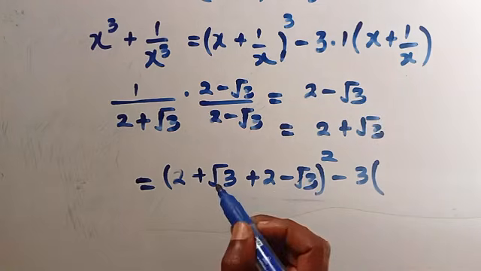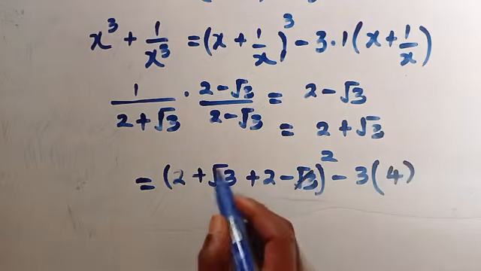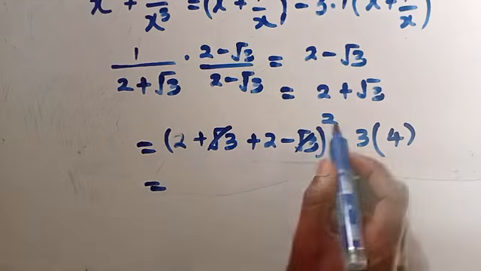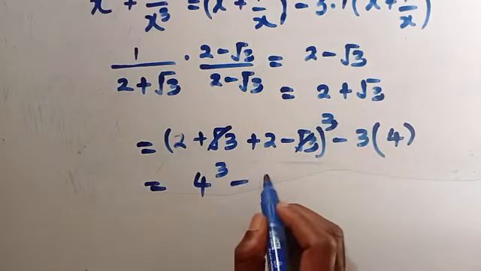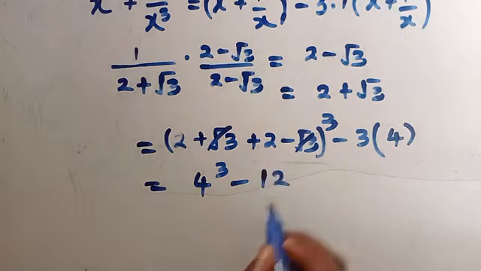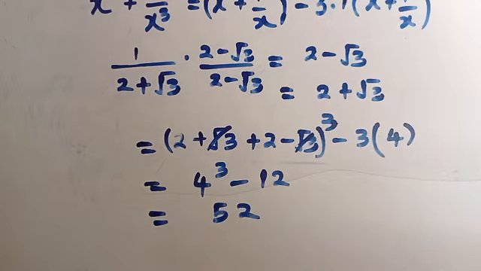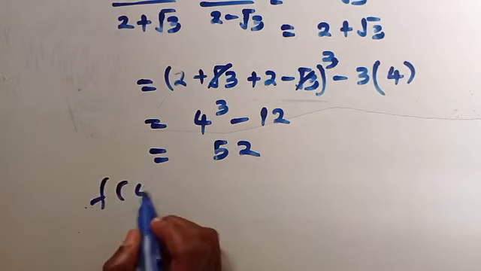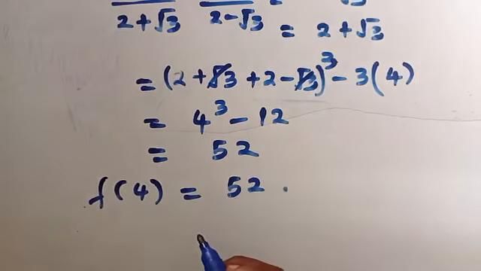Root 3 cancels root 3, and we have 2 plus 2. That gives us 4. And here is 4 raised to power of 3, minus 3 times 4, that gives us 12. The whole of this gives us 52. So this is the result of f of 4. Our f of 4 here gives us 52.